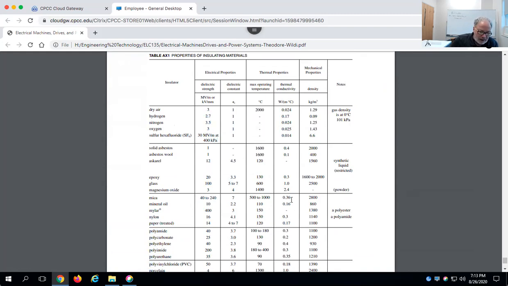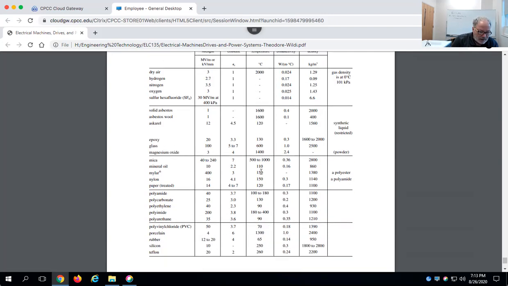It shows us that the thermal conductivity for mica is 0.36. Okay, what does that mean? Okay, 0.36 watts per meter degree C. And again, this is going to give us a measure of how well this material conducts heat.